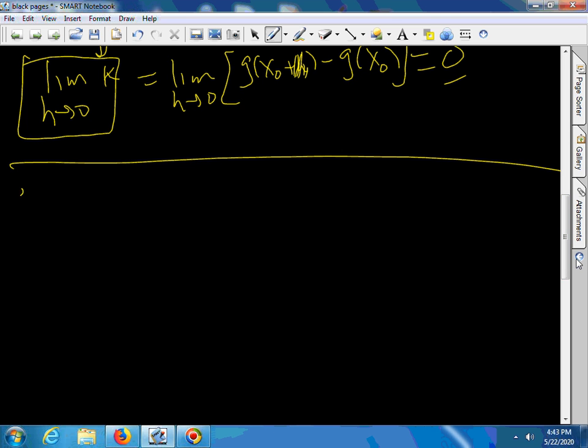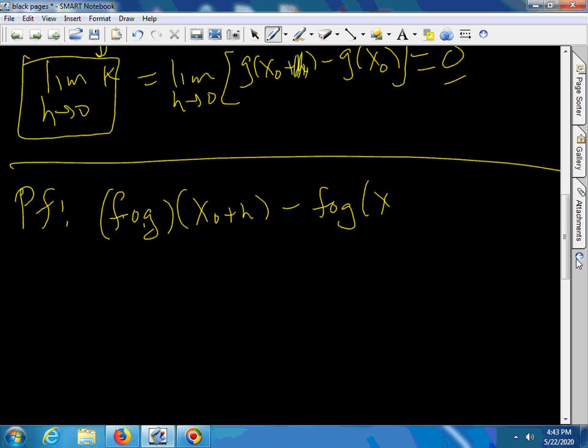Armed with that, let us consider the proof. Let us look at the following. f of g, well, let me just write it slightly different. The f composed with g of x0 plus h minus f composed with g of x0.